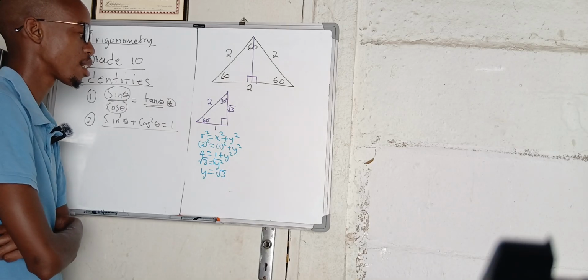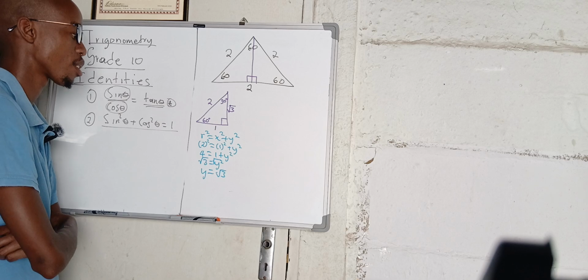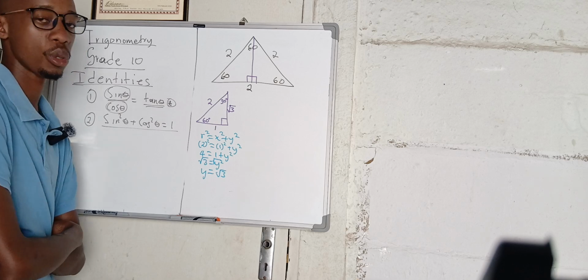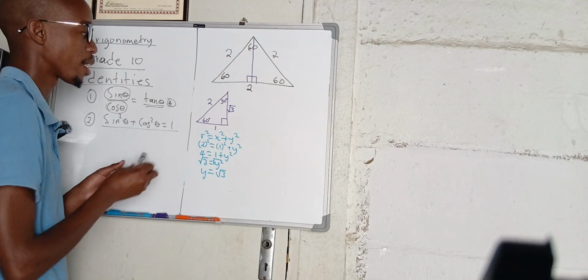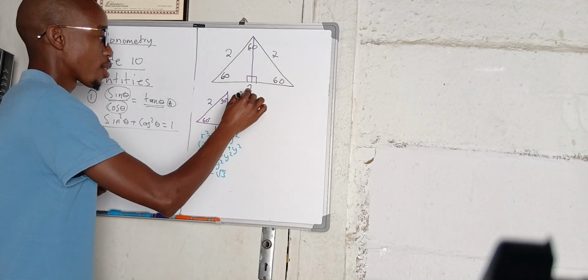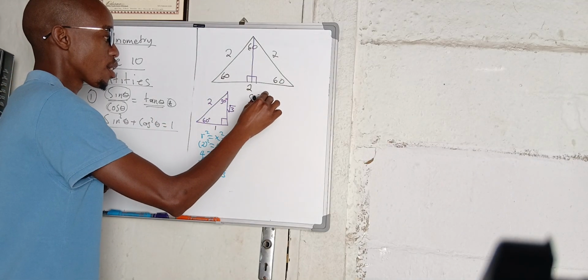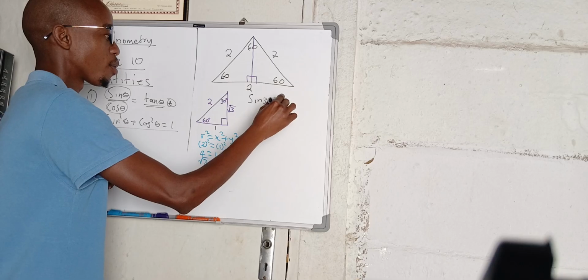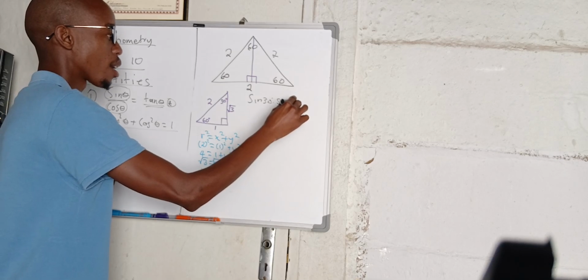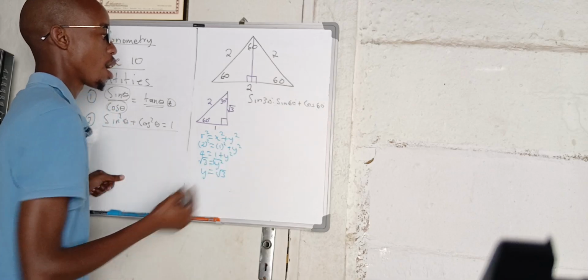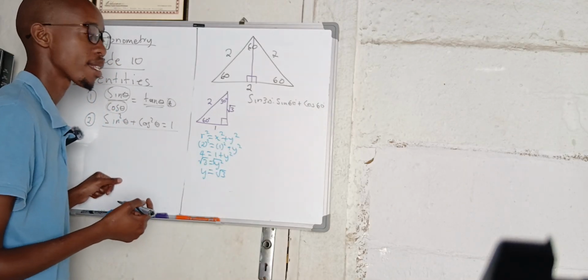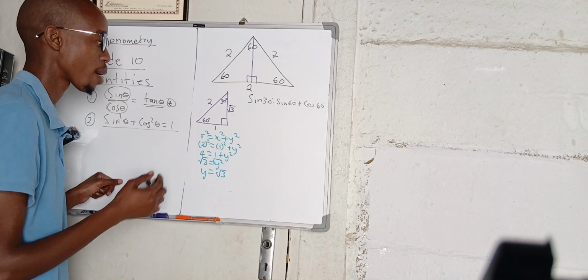So what is the trick of special angles? The trick is this. The question will say to you, without the use of a calculator, find the value of this. Maybe they'll say sine of 30 degrees multiplied by sine of 60 degrees plus cos of 60 degrees. What is it that you have to do? Remember, sine theta is equal to opposite over hypotenuse.